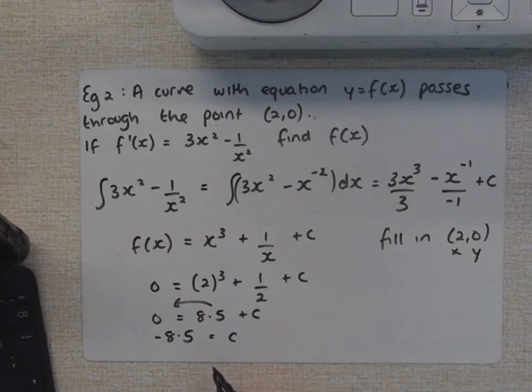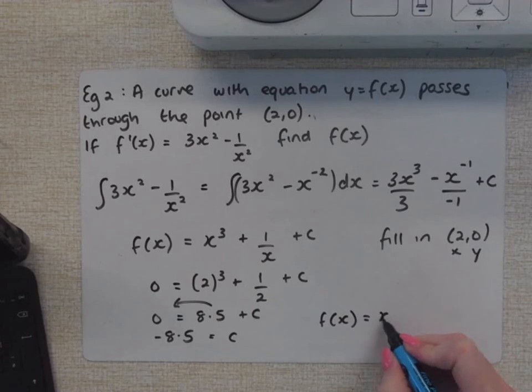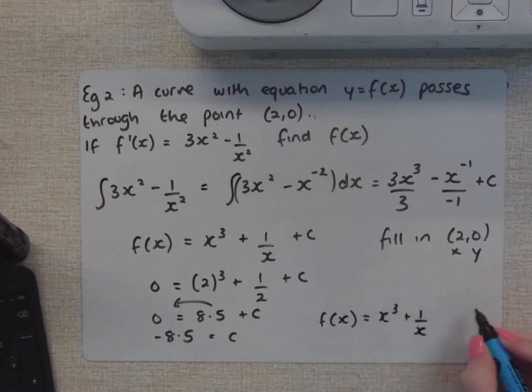So now I found my constant of integration. The question was find f of x, so let's just fill it in. f of x is this thing. And fill in your c.